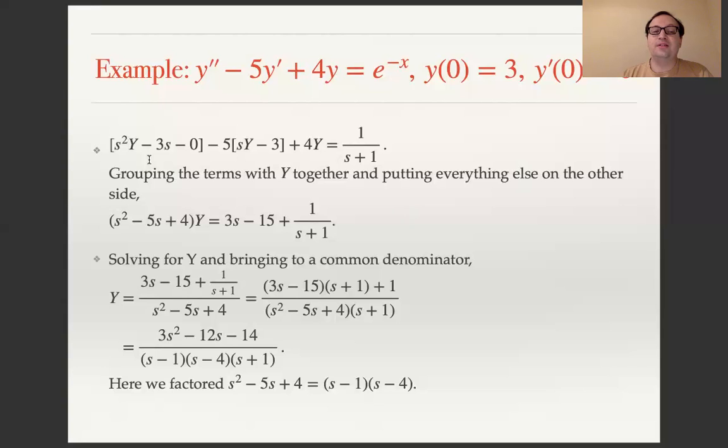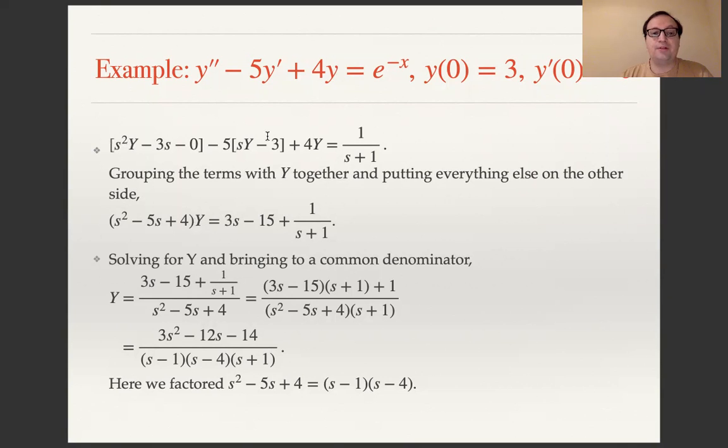So this is actually a pretty simple equation in terms of capital Y. It's a linear equation. Let's group all the terms with capital Y on one side and all the terms that don't have capital Y on the other side.